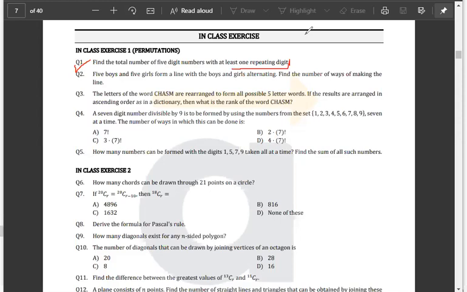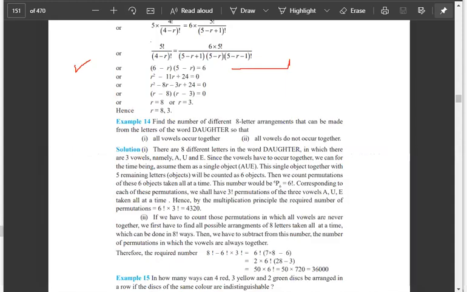Leave that question, guys. We'll just solve this.